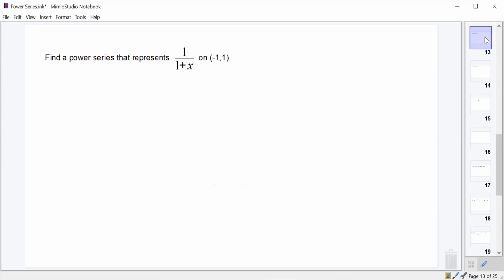All right, let's see if we can find a power series to represent 1/(1 plus x) on the interval from -1 to 1. So we did 1/(1 minus x), that was easy enough. We want to try and do 1/(1 plus x). And so what's the only difference between 1/(1 minus x) and 1/(1 plus x)?